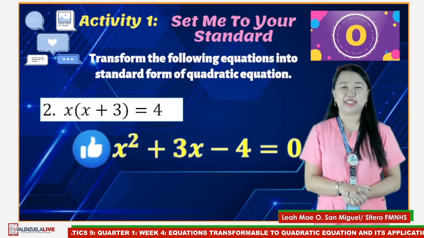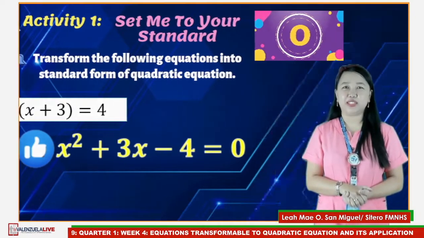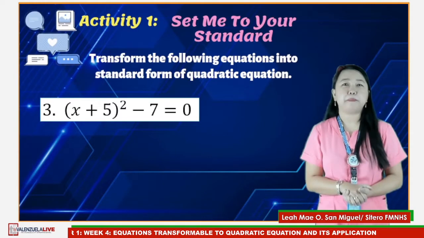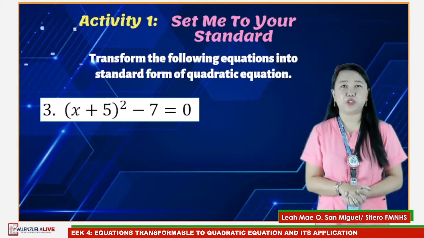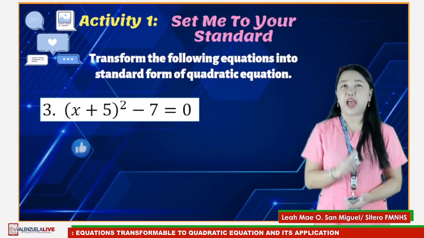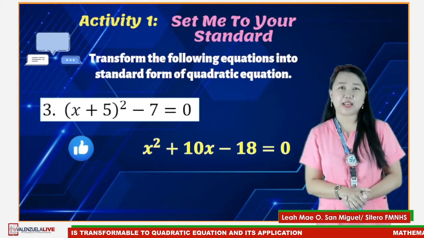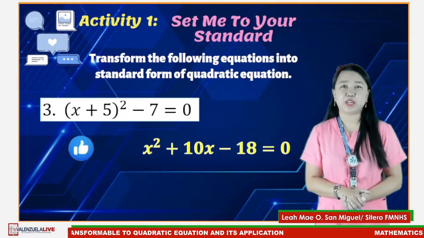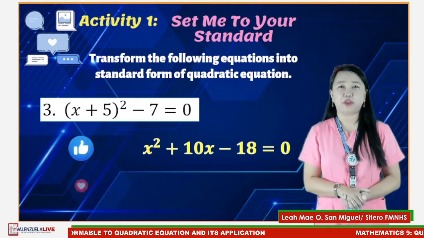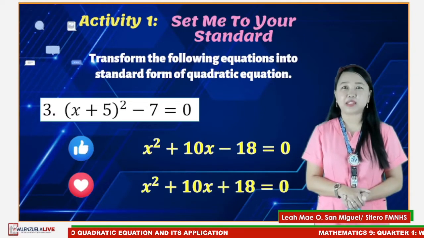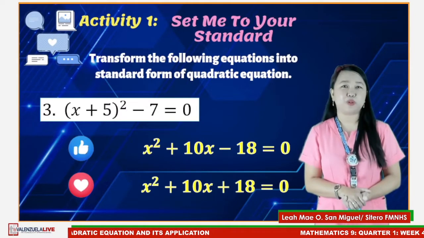Excellent. Last equation, the square of the binomial (x plus 5) minus 7 is equal to 0. Click like reaction if your answer is x squared plus 10x minus 18 is equal to 0, and love reaction if your answer is x squared plus 10x plus 18 is equal to 0.